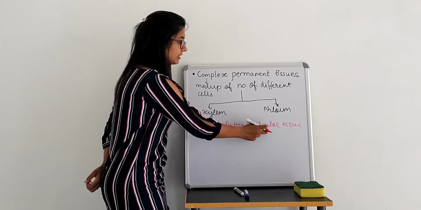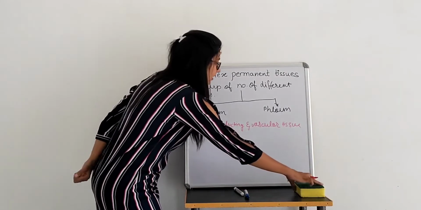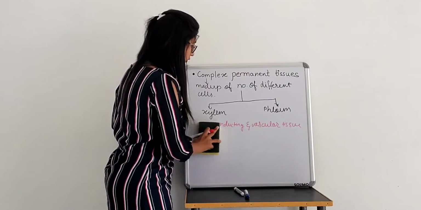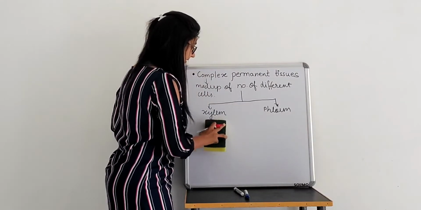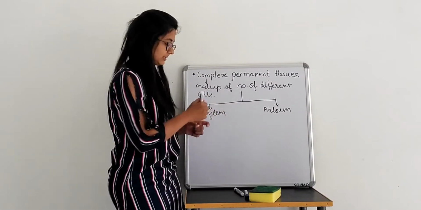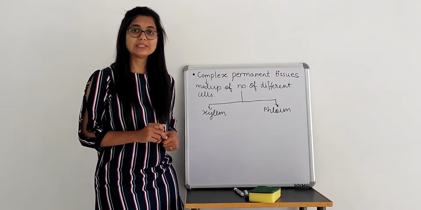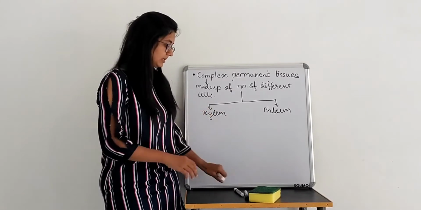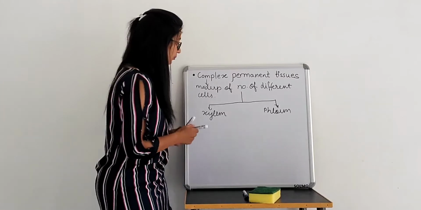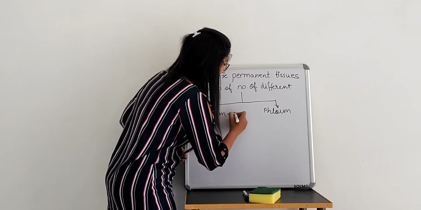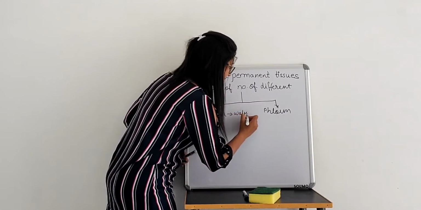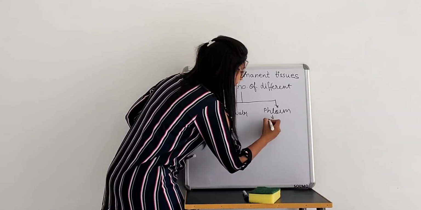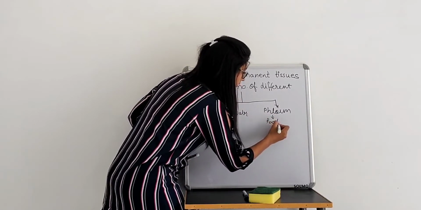For this adaptation, this vascular tissue is very important. Okay, now we can move on to the different types of cells which are present in both xylem and phloem as well. Xylem is mainly involved in transport of water, whereas phloem will mainly be involved in transfer of food, right?